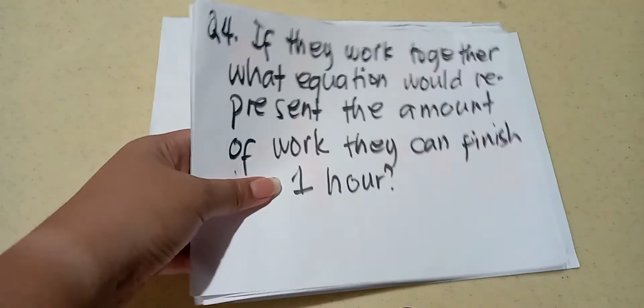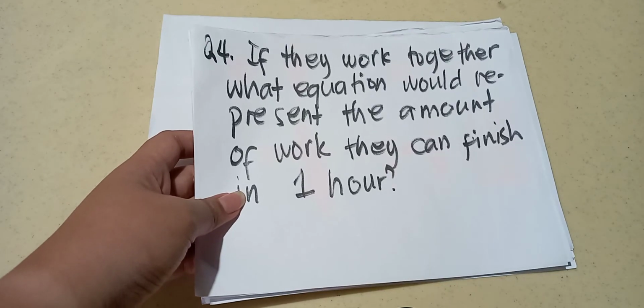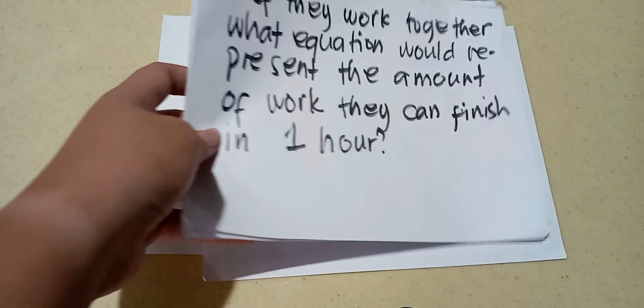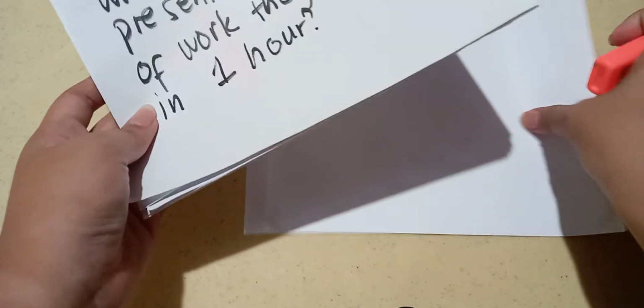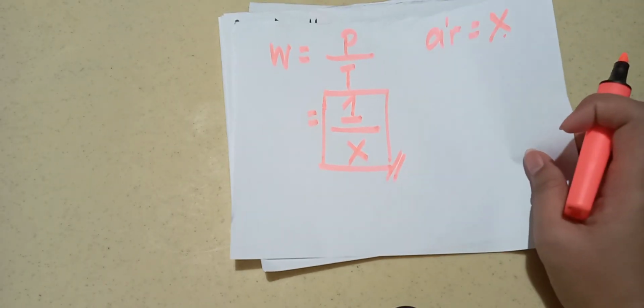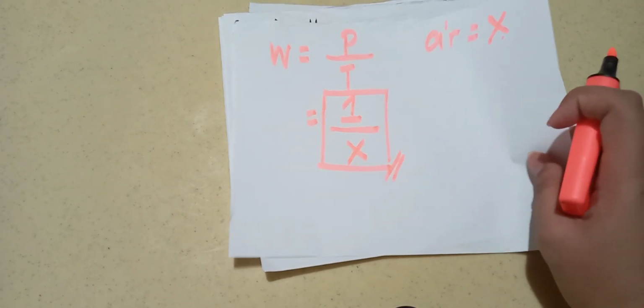So let's move on to question number 4. If they work together, what equation would represent the amount of work they can finish in 1 hour? The answer for question number 2 is 1 over x, which is Angela's rate in doing the work within 1 hour.